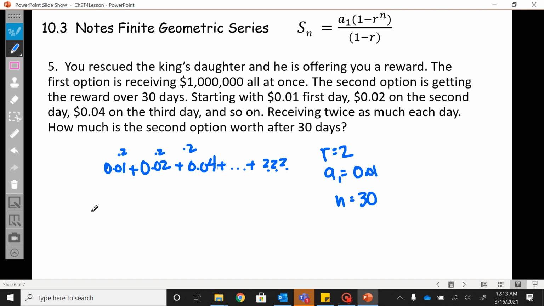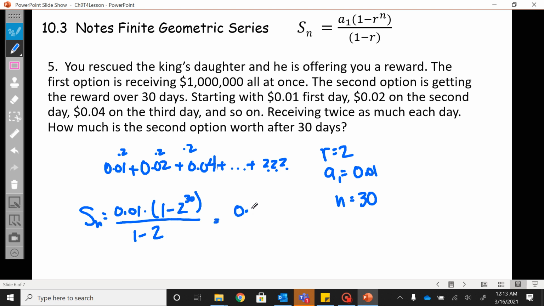So all I have to do is use the formula to calculate how much that second option is. So the sum is the first term, 0.01, times 1 minus 2 to the n, so 2 to the 30, over 1 minus r, so 1 minus 2.